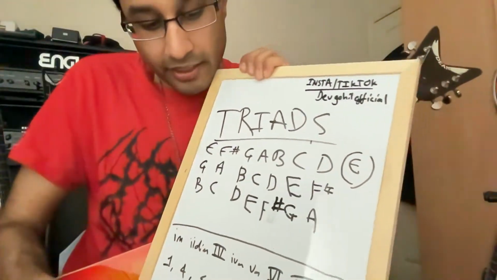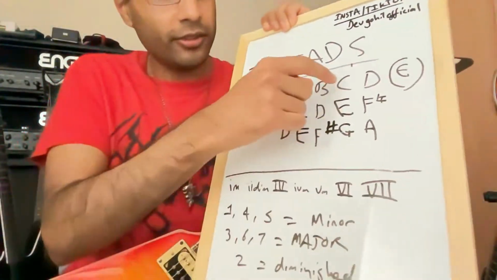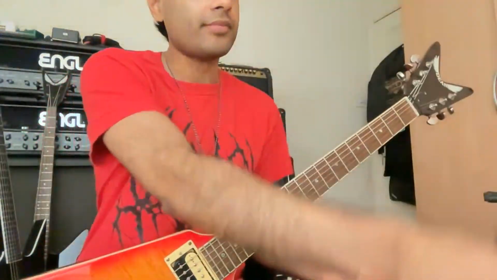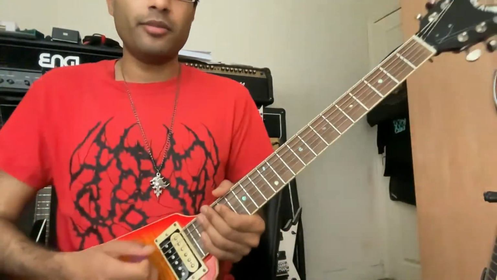Next chord. 6th chord in the scale, so we know it's going to be major. So C major. Where do I put my fingers for C major chord? Let's go. This should be super easy now.